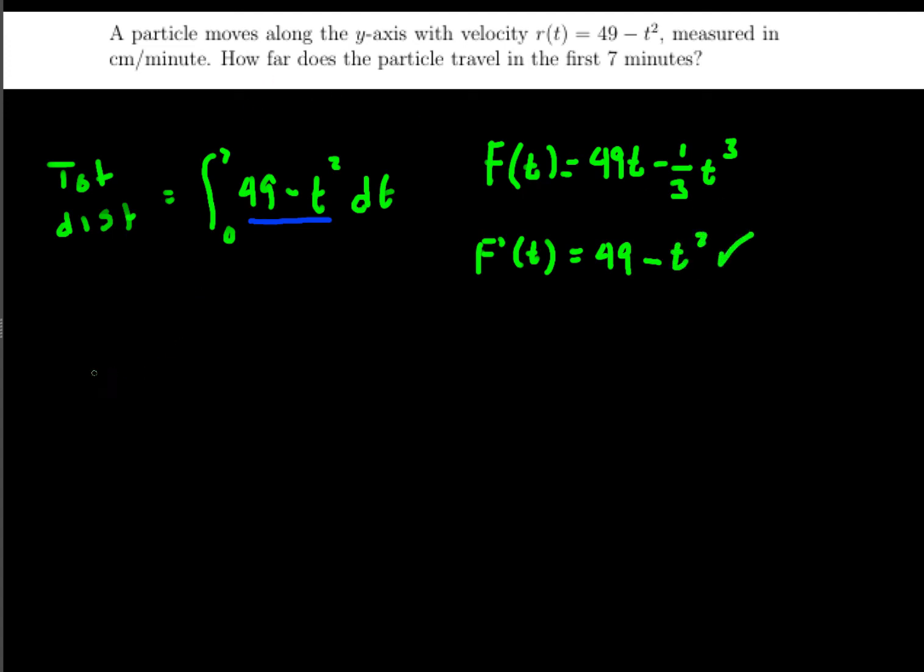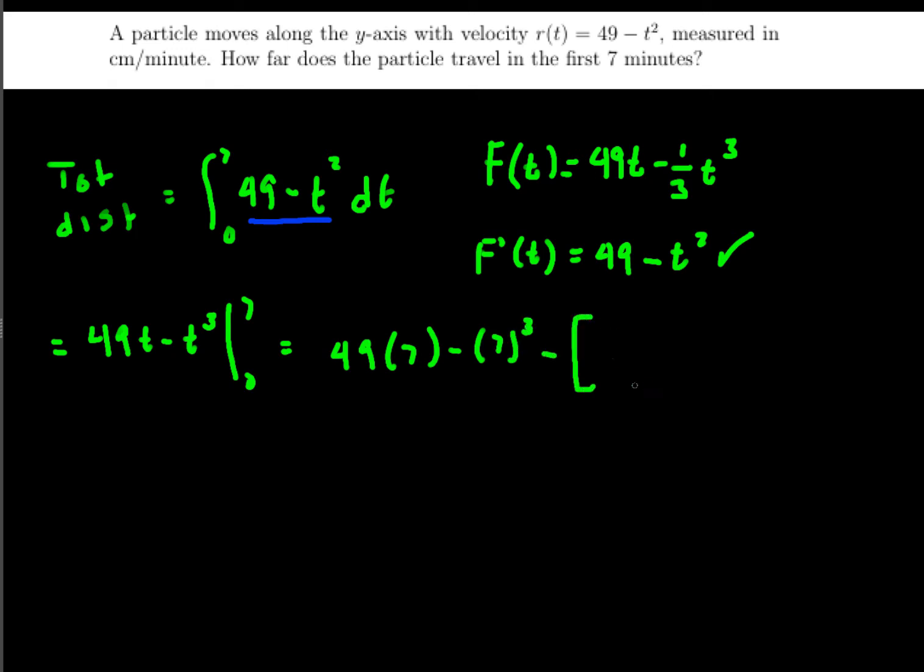So then the total distance is equal to 49t minus t cubed, evaluated between 0 and 7, which is equal to 49 times 7 minus 7 cubed, minus 49 times 0 minus 0 cubed.